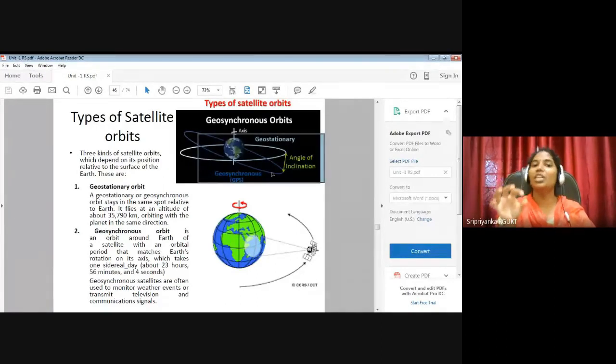If you are syncing your satellite to rotate around the Earth's surface at the time period of the Earth's rotation, it is called geosynchronous. So you are synchronizing your orbit time with respect to the Earth's rotation. You call it geosynchronous.